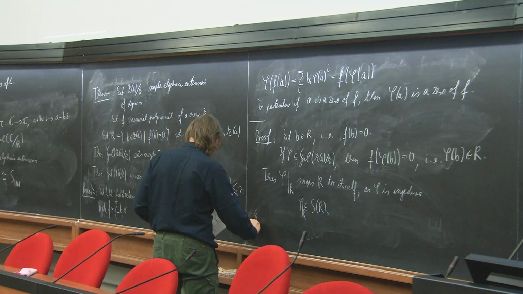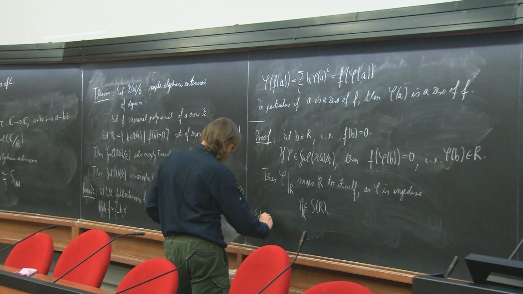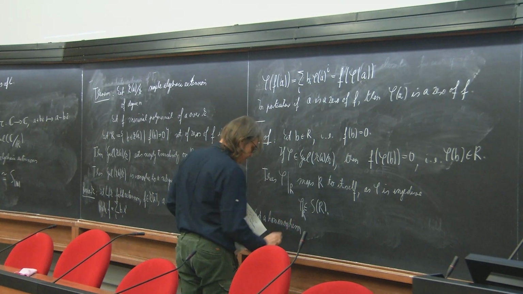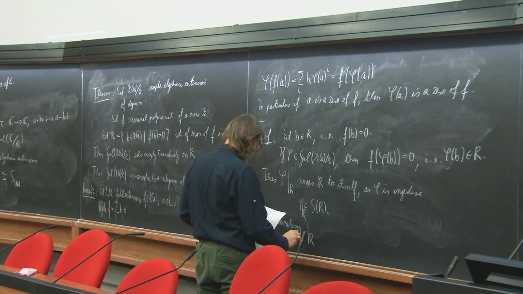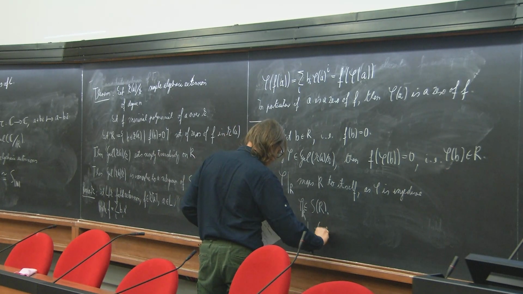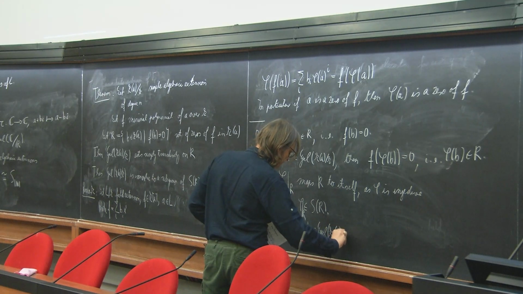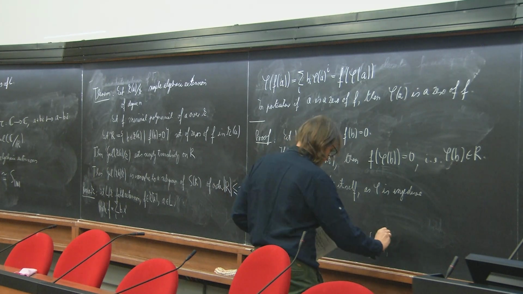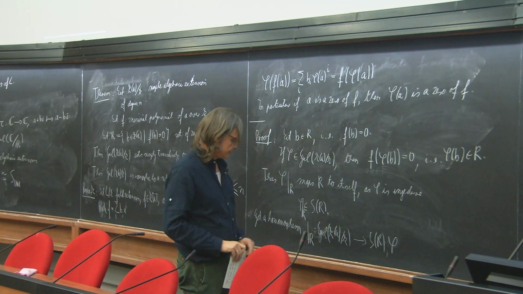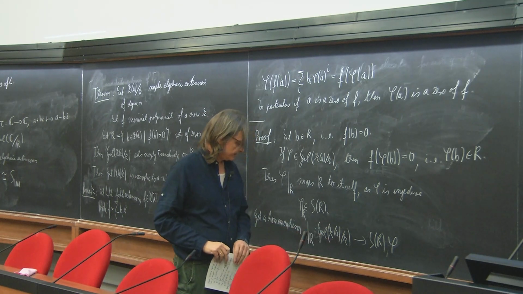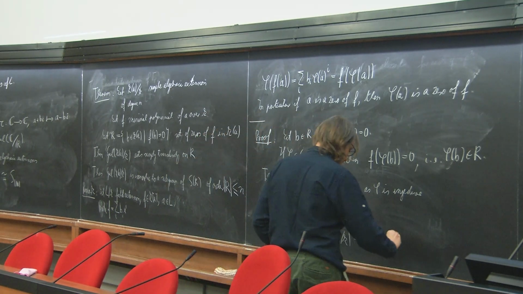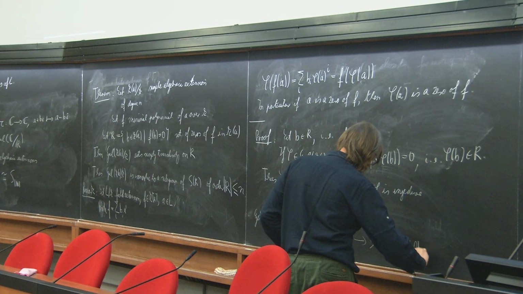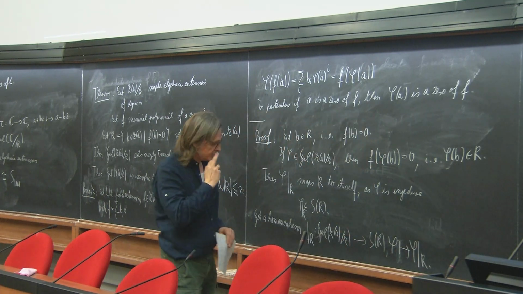We get a map, a homomorphism: restriction to R from the Galois group of Ka over K to S of R. It takes an element in the Galois group, so an isomorphism of Ka to itself, which is the identity on K, and restricts it to R. Phi extends to phi restricted to R. This is clearly a homomorphism.